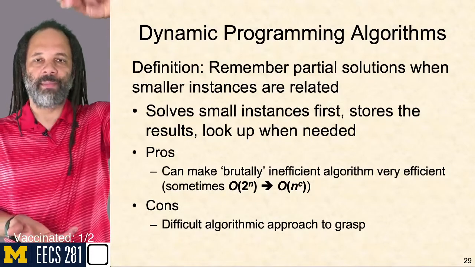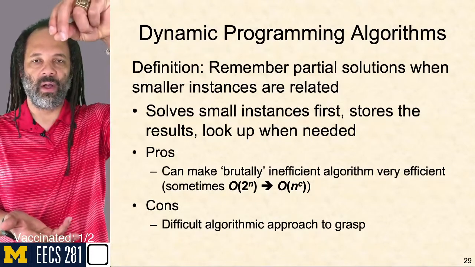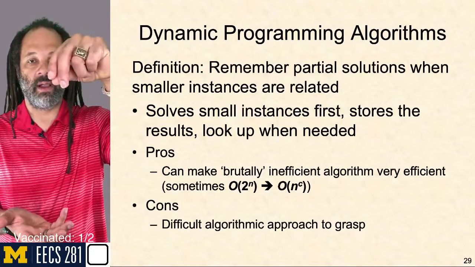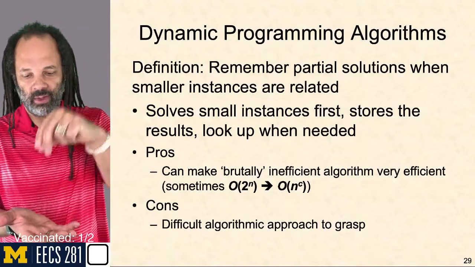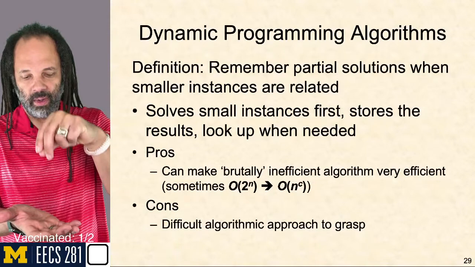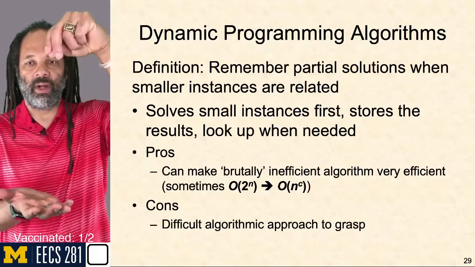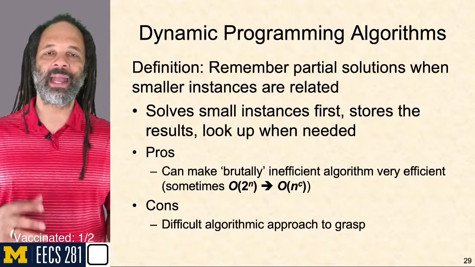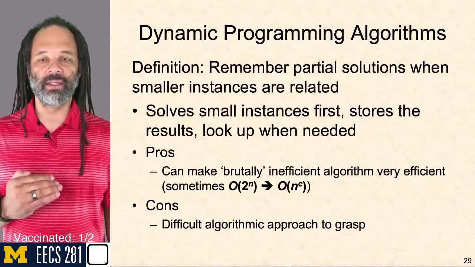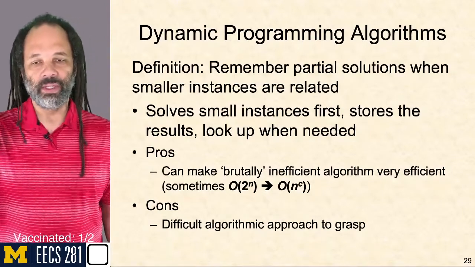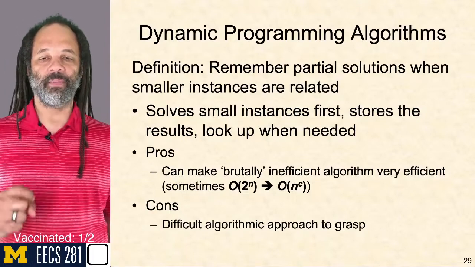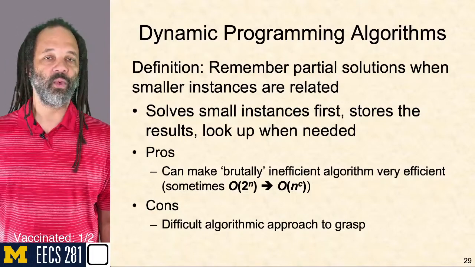When I'm going top down though, I end up making these recursive calls, and this calls itself again with a smaller value, smaller value, smaller value, base case. Now we got a solution. Return bigger, return bigger, return bigger, answer. So we always end up solving these small instances first, and then we store the results, look them up when we need them.